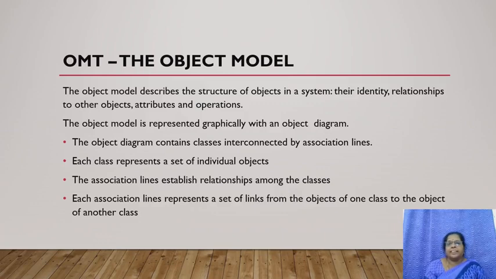The classes are interconnected by association lines. Each class represents a set of individual objects. The association lines establish relationships among the classes. Each association line represents a set of links from the objects of one class to the objects of another class.